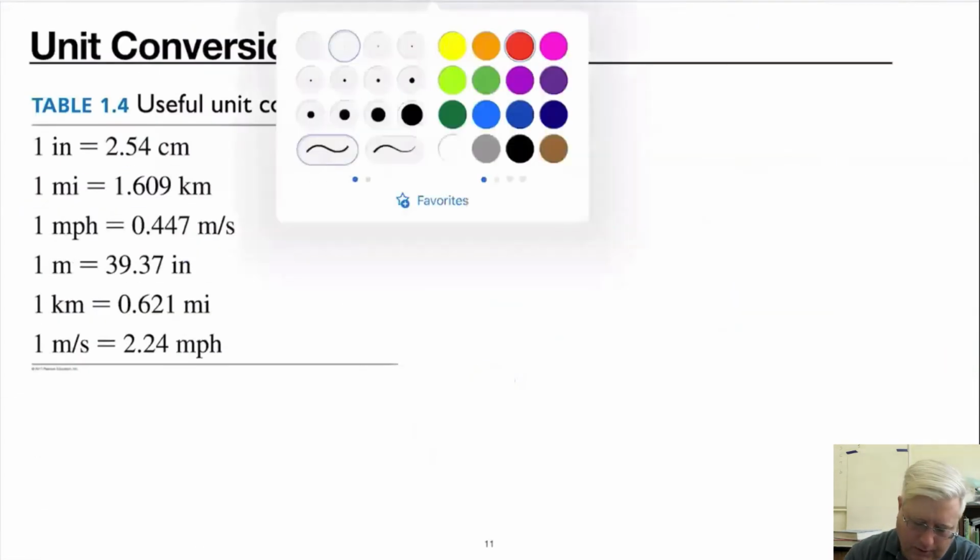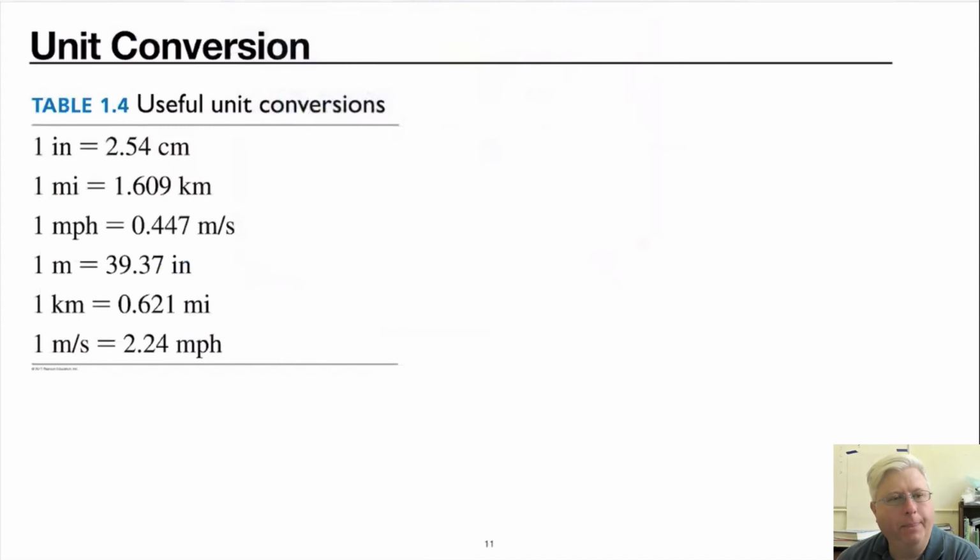There are some useful unit conversions that you could keep in mind. I took this one from your textbook. One we use a lot: 1 inch is 2.54 centimeters. A mile is 1.609 kilometers, or sometimes it's nice to know in meters, it's 1,609 meters. That's easy, though.